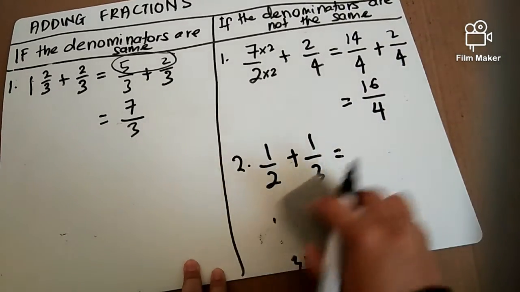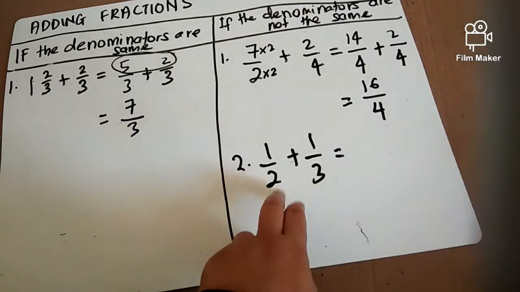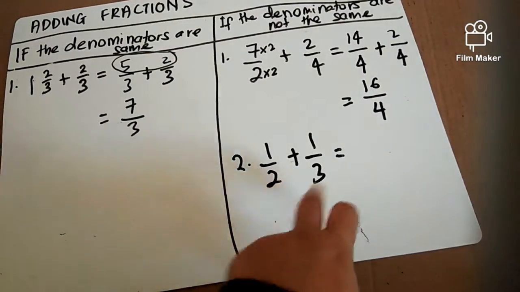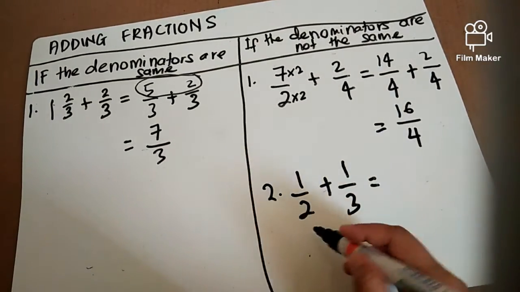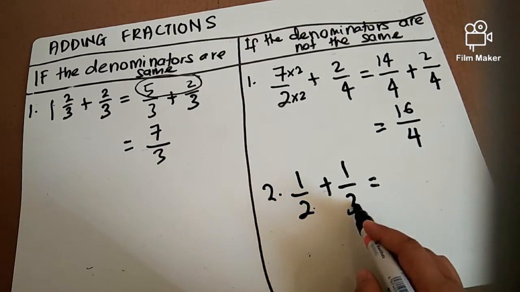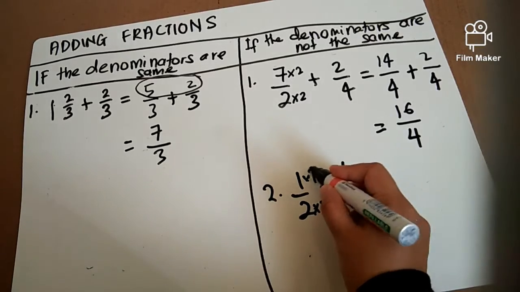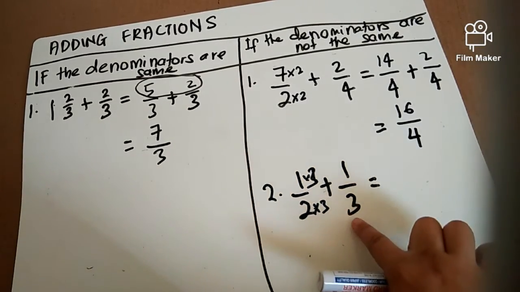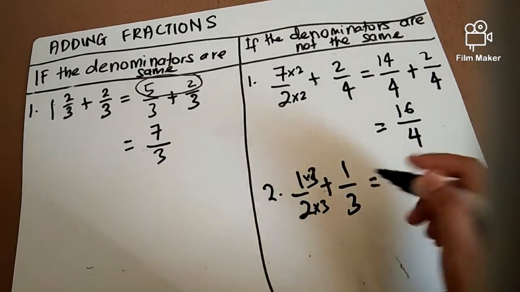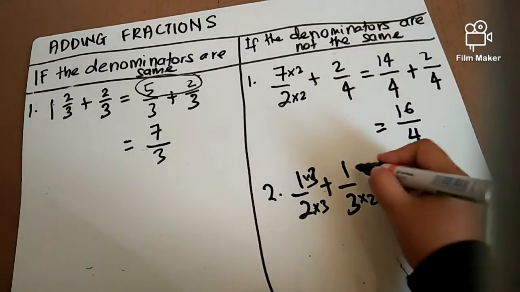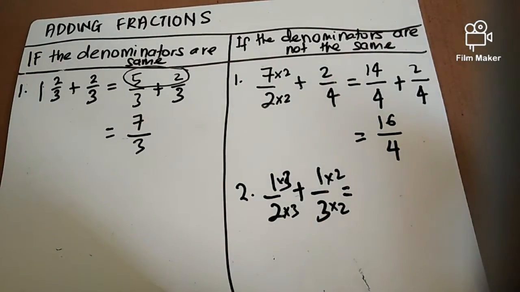So what you can do is, when you cannot make this number equal to this number, you have to multiply this one with this one. 2 times 3, 1 times 3. This one you have to multiply with this one. 3 times 2, 1 times 2.